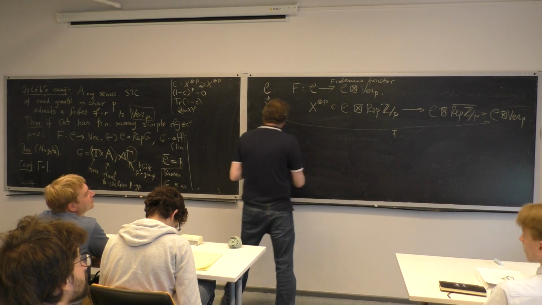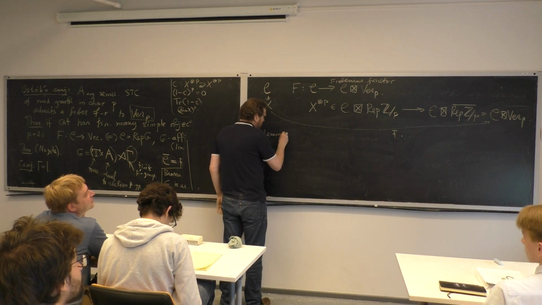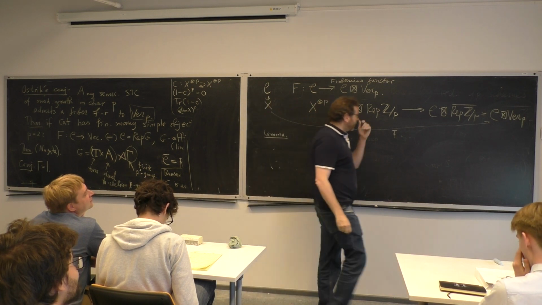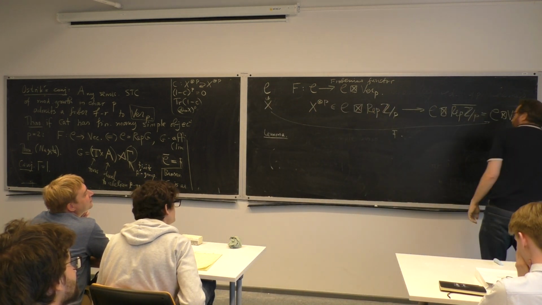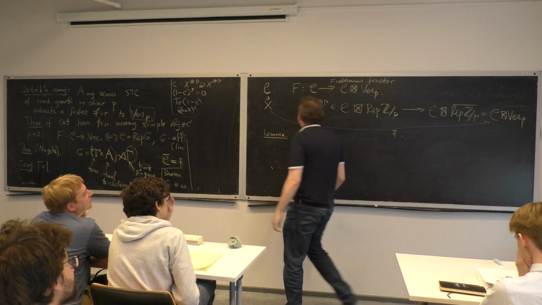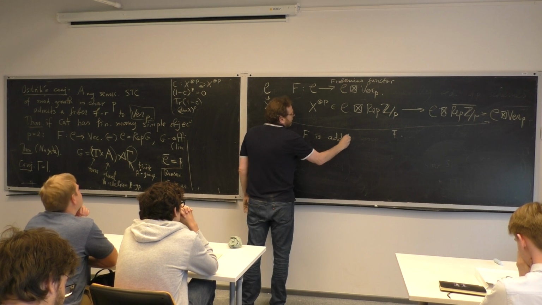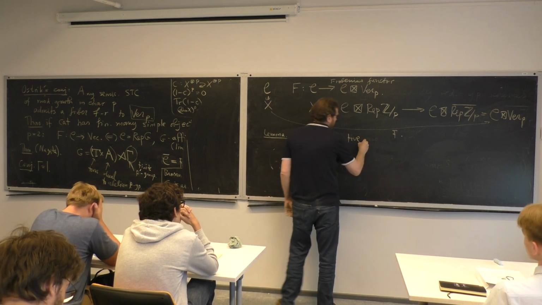So then, an important lemma. This functor, of course, is not additive. But it turns out that the projection to here is additive. So the lemma is that this F is additive, and of course twisted linear.